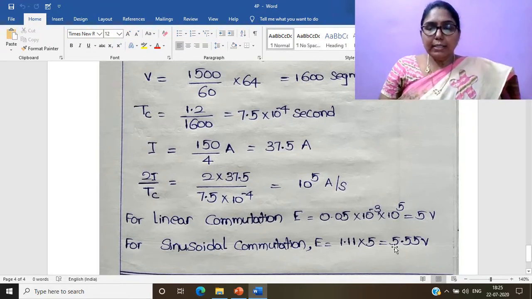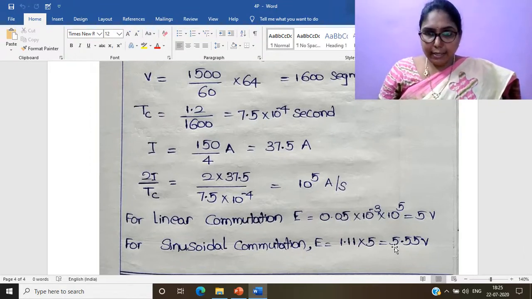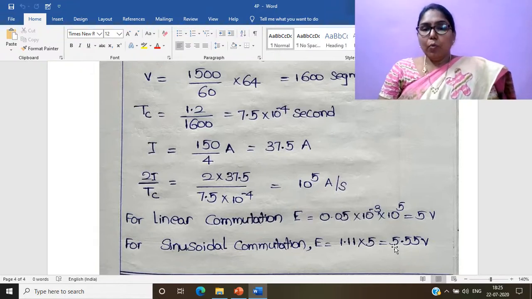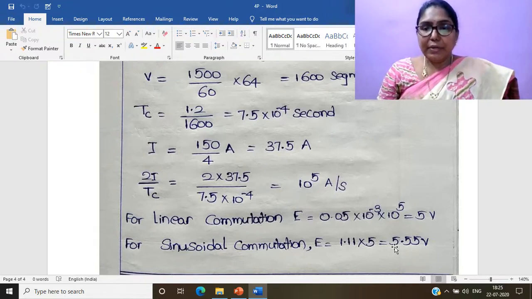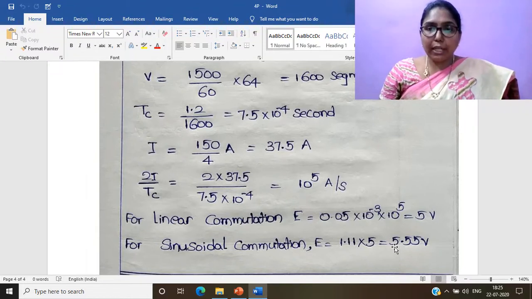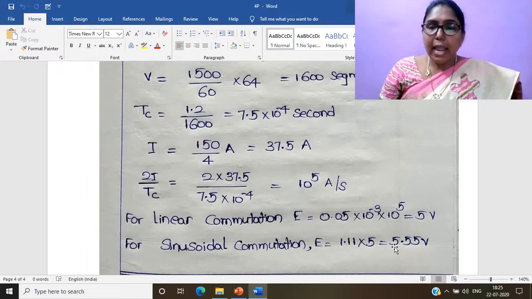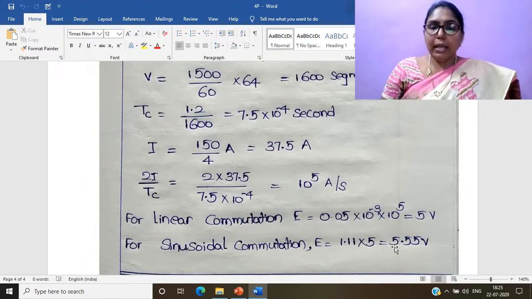So in this class I discussed the meaning of commutation in DC generators, the difference between ideal commutation and poor commutation, and how the commutation process actually takes place at the segments. We saw this in detail, and then we derived the reactance voltage.